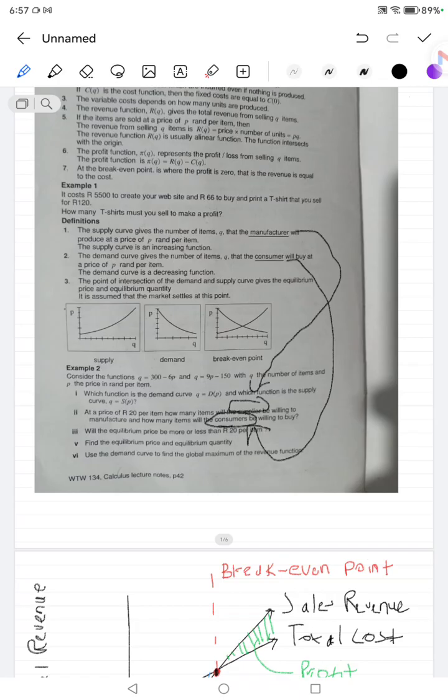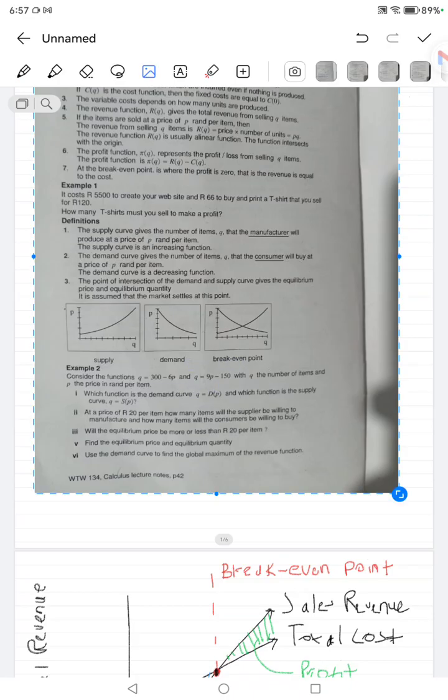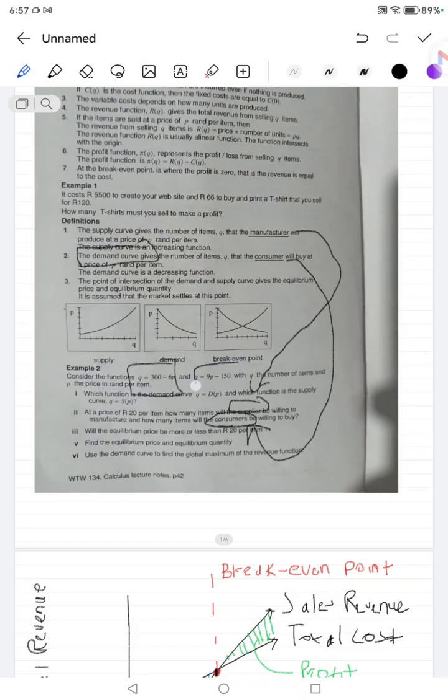Your consumer would be coming from your demand curve, which is going to be this one. Then your supplier will be coming from the supply curve, which is going to be this one. But now you're going to be interpreting those with regard to the 20 Rand.